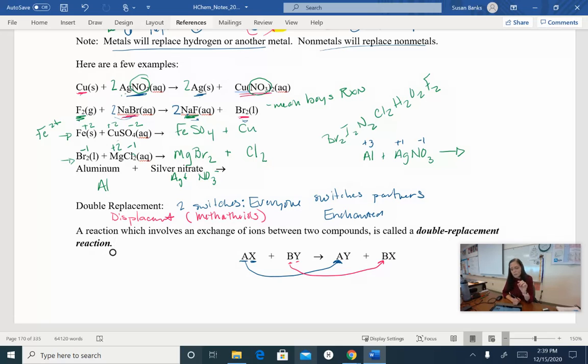We have to be cognizant of the charge on aluminum and the charge on nitrate. Aluminum is a +3. Nitrate is a -1. So what ratio are we going to be able to put them together with?